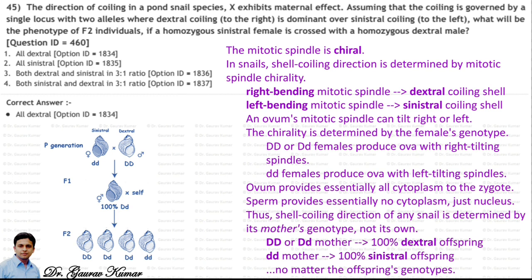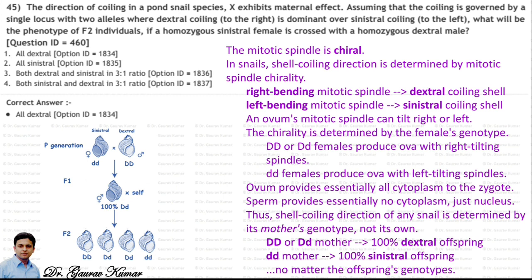In ova, the mitotic spindle can tilt right or left. The chirality is determined by the female genotype. DD, the capital D homozygous condition, or the heterozygous condition of capital D and small d females produce ova with right tilting spindles, and the homozygous small d females produce ova with left tilting spindles.